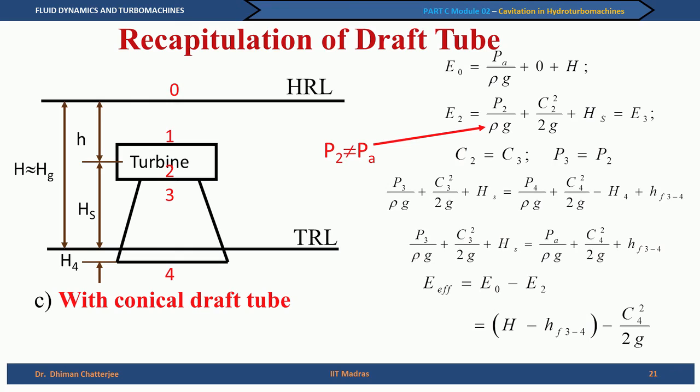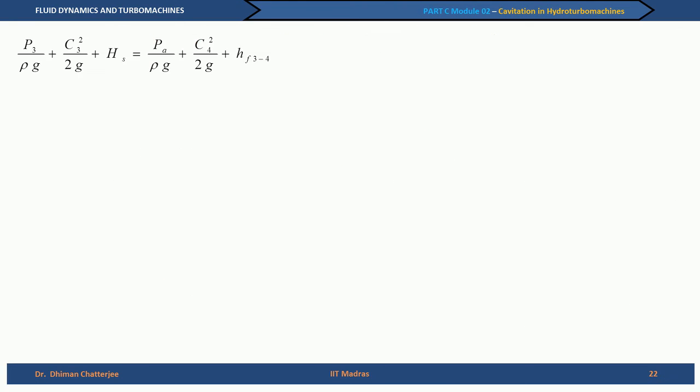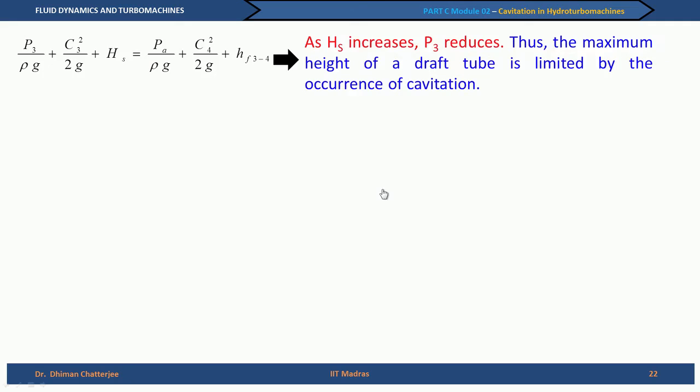So, let us look at this again. Let us look at what connects C4 with C2, and what connects pressure with the height and the dimension of the draft tube. We know that P3 by rho g plus C3 square by 2g plus Hs, where Hs is the height of the draft tube, is equal to Pa by rho g plus C4 square by 2g plus Hf3-4. This means, as we discussed in the last lecture, that as Hs increases, P3 will reduce.